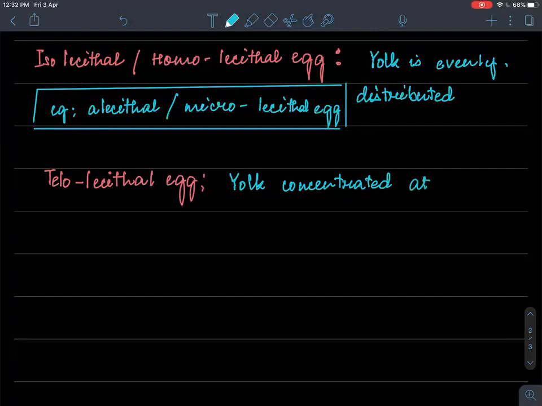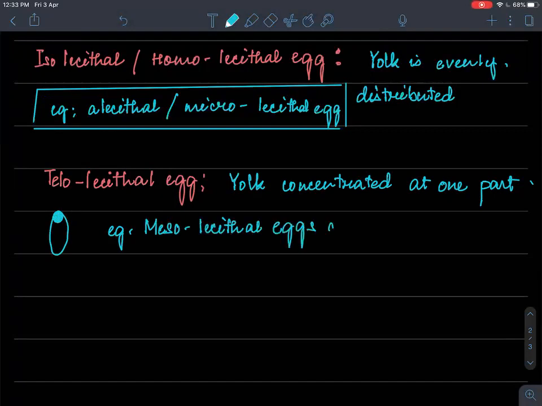Like say this is the egg, all the yolk will be at one part of it. So that's what is telolecithal egg. As for example, moderate yolk content animals, mesolecithal eggs of amphibia.